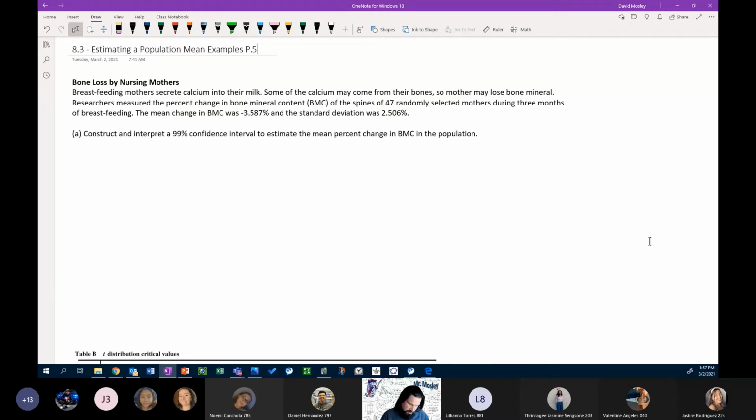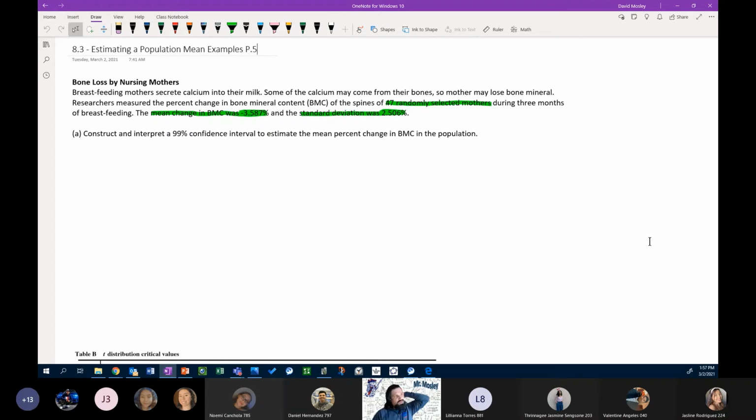That's something we're going to need. During 3 months of breastfeeding, the mean change in BMC was negative 3.587%, and the standard deviation was 2.506%.